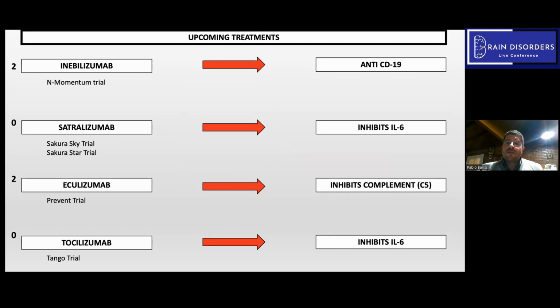It's an anti-CD19. Satralizumab, in the SAkuraSky and SAkuraStar trials, inhibits interleukin 6, as does tocilizumab in the TANGO trial, and eculizumab in the PREVENT trial inhibits the C5 protein of the complement. Next, please.